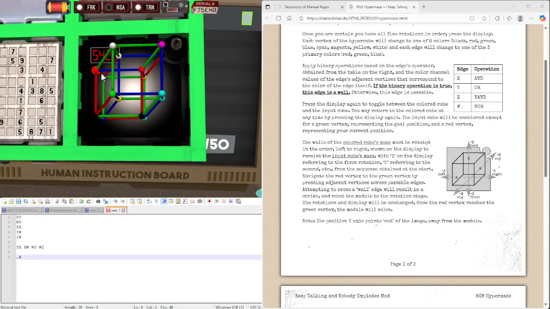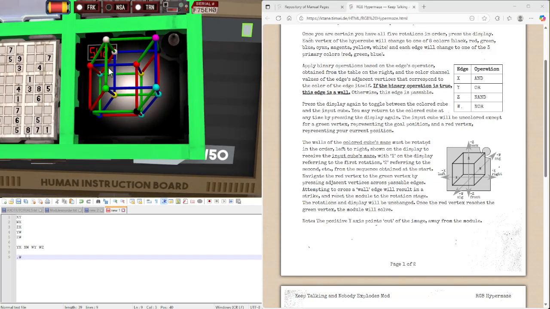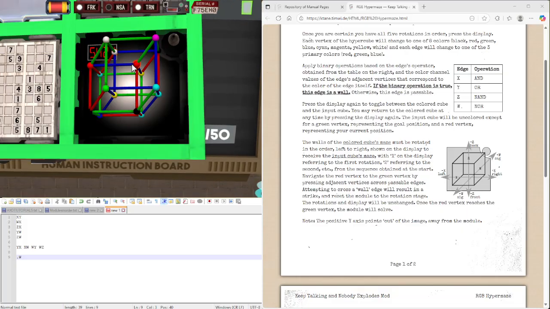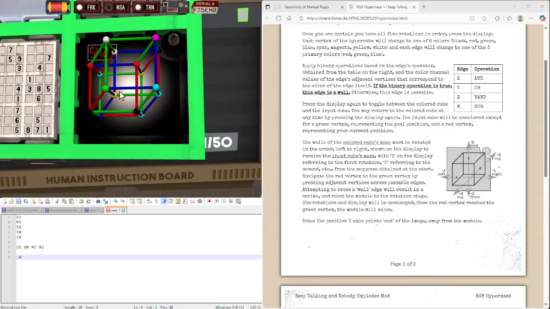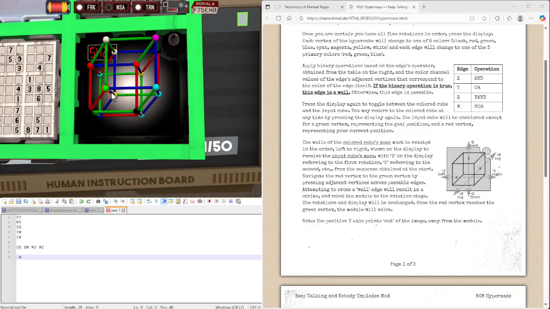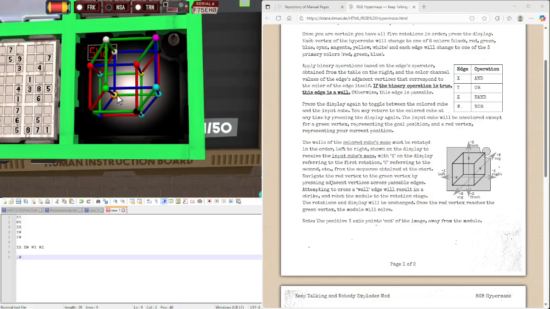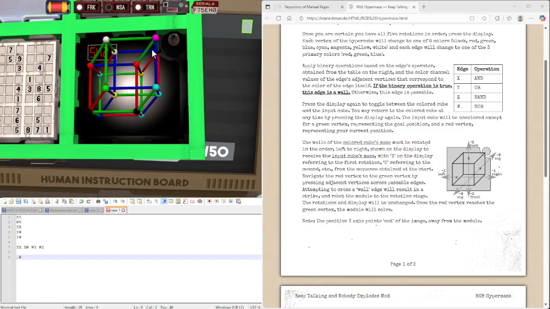This goes to here. XW. What's X goes to W, so it goes down here. It goes down here.